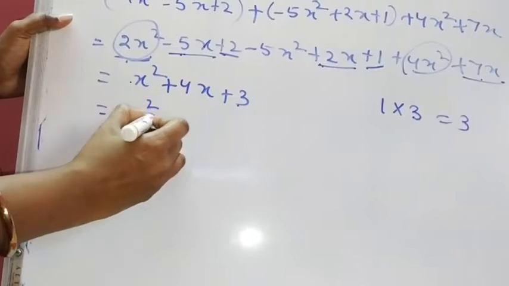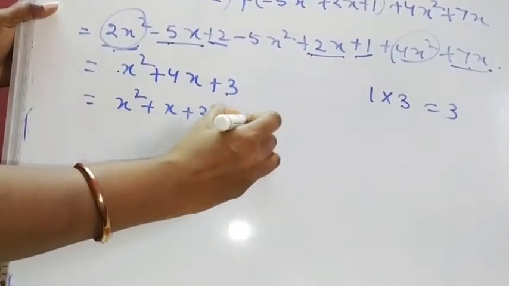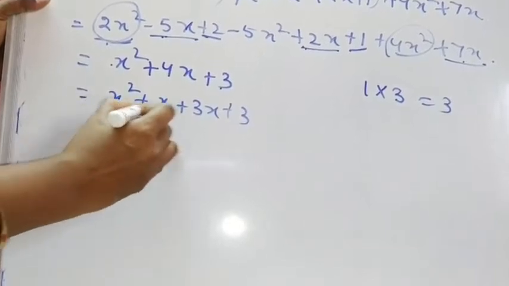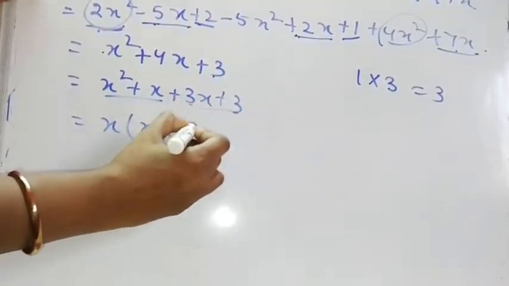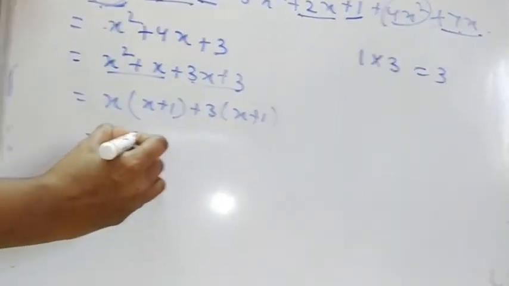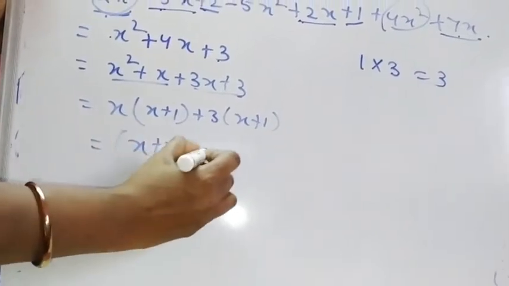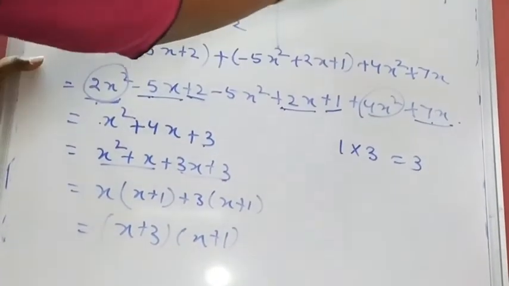Therefore, x squared plus x plus 3x plus 3. So here we take x as common, so x plus 1, and here we take 3 as common and we get x plus 1. Therefore, we get x plus 3 and x plus 1. And we have factorized the given expression.